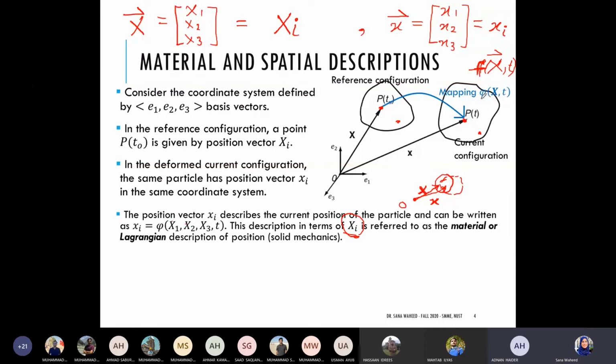Yes, this mapping phi is just a mapping right now. This mapping from the first position to the next position is a function of the initial position and whatever time we're at right now. Apologies for not stating this. It doesn't multiply with them, this is a function of x1 x2 x3 and of time.